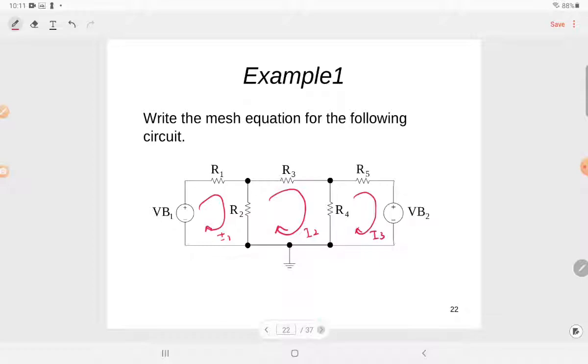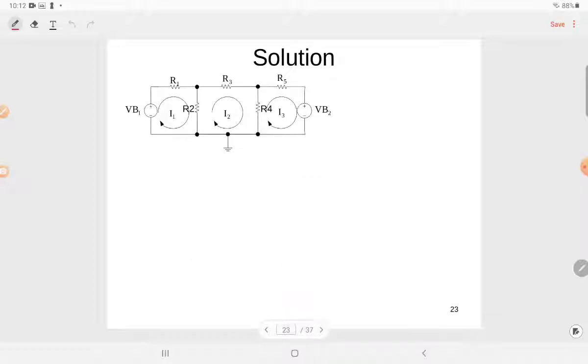For example, let's do the mesh 1 KVL equation. Remember, KVL says the voltage drops around the loop, across every element in the loop, add up to 0.